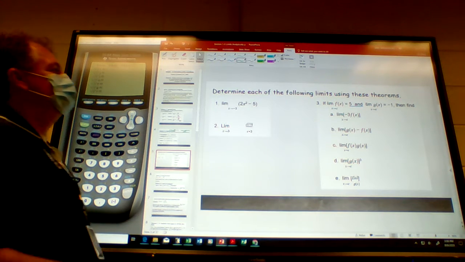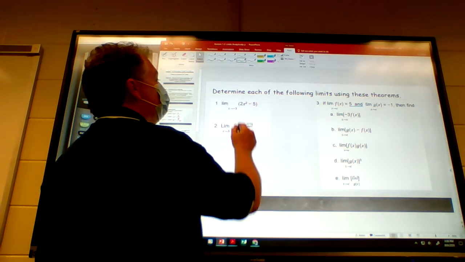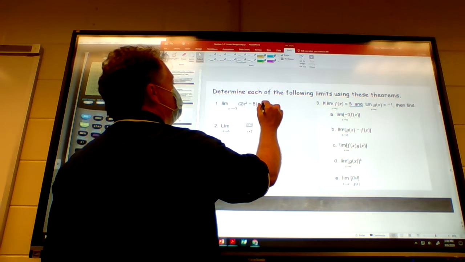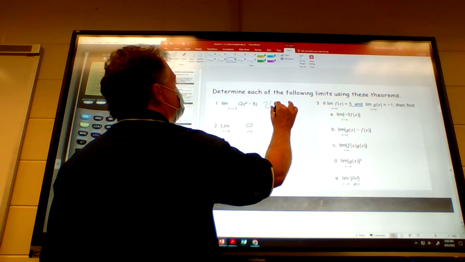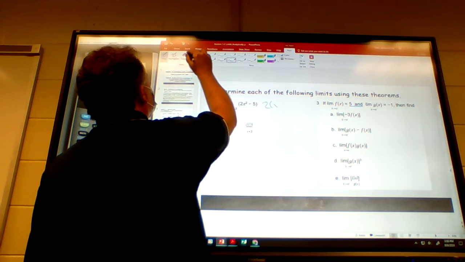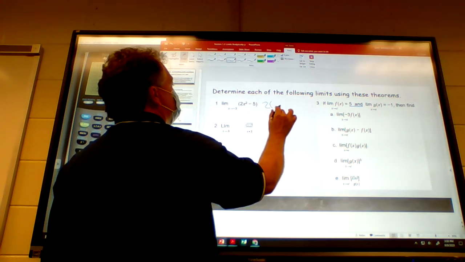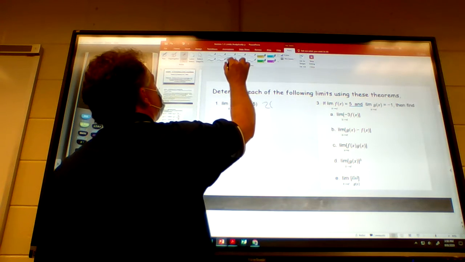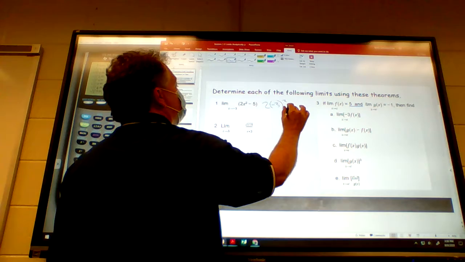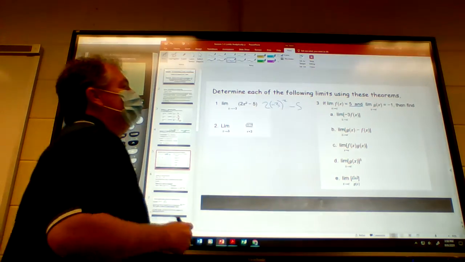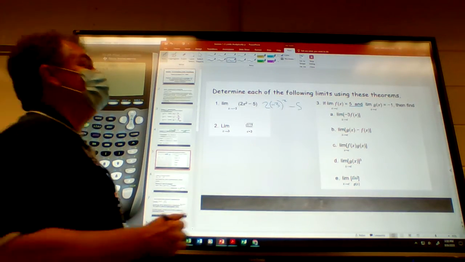First of all, determine each of the following limits. As x approaches -3, it is going to be 2 times, excuse me, I wrote the wrong term. Let me fix that. I'm still kind of learning this, and I'm also making fun of myself as I do that. 2 times -3 squared minus 5, which when you figure that out is going to be 13.